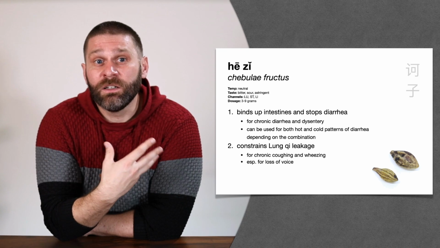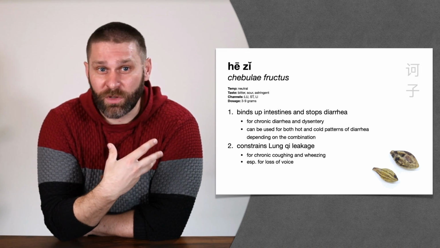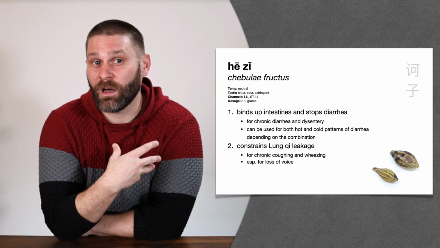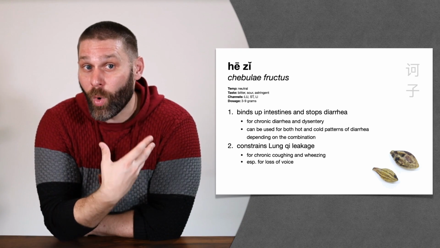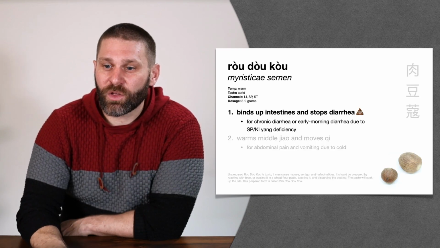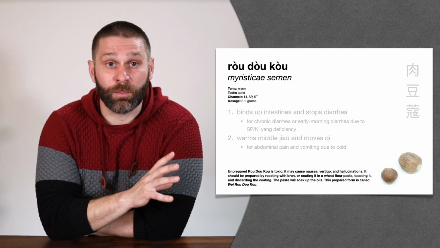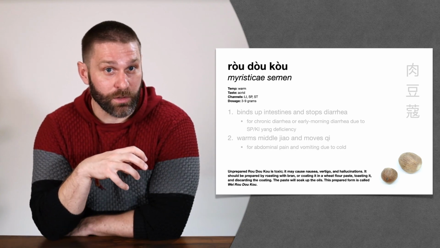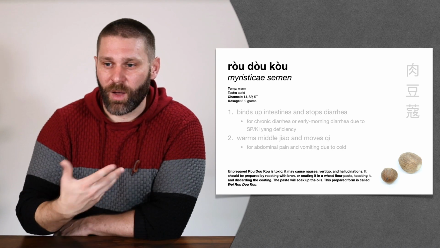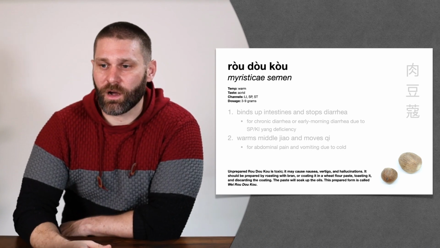As far as I can tell, He Zi doesn't have those same toxic oils, so I think that's just done for the purposes of making the herb warmer in temperature. Whereas with Rou Dou Kou, it's done for the purpose of removing these toxic oils. So that's something that may come up depending on your teacher.